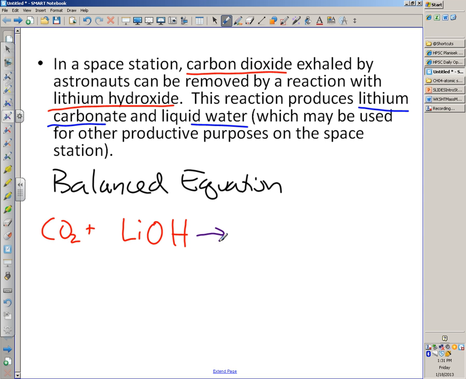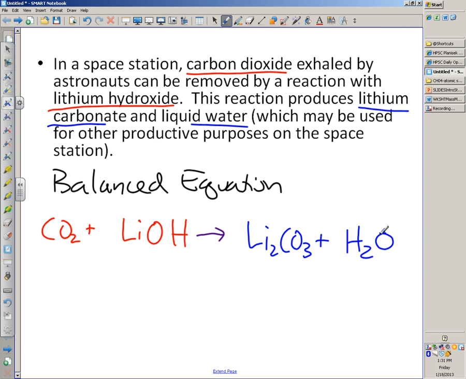How do you say lithium carbonate? How many C's are there? First one, there's 1. Oh wait, okay, so we have 3. Lithium, first one, there is 1.